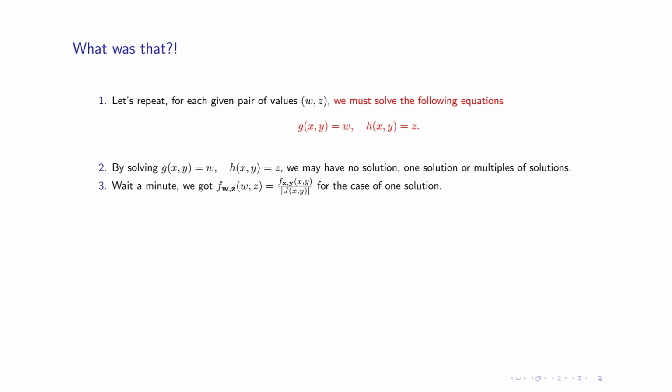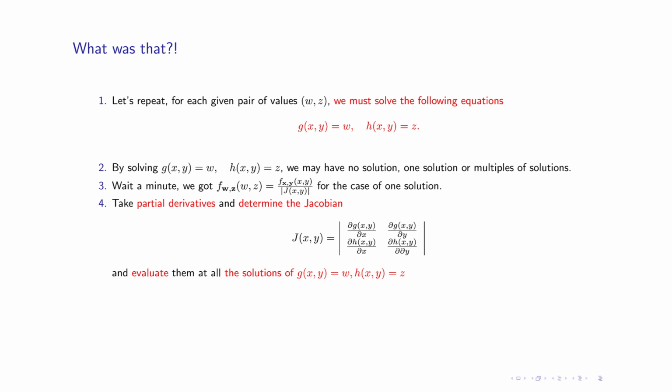In all cases, this is true only for the case that you have one unique solution. If you have two solutions, then you have to add this value for the two solutions. If you have multiple solutions, you will have the summation of the same function at all different possible solutions. No solution, the summation of none is 0.